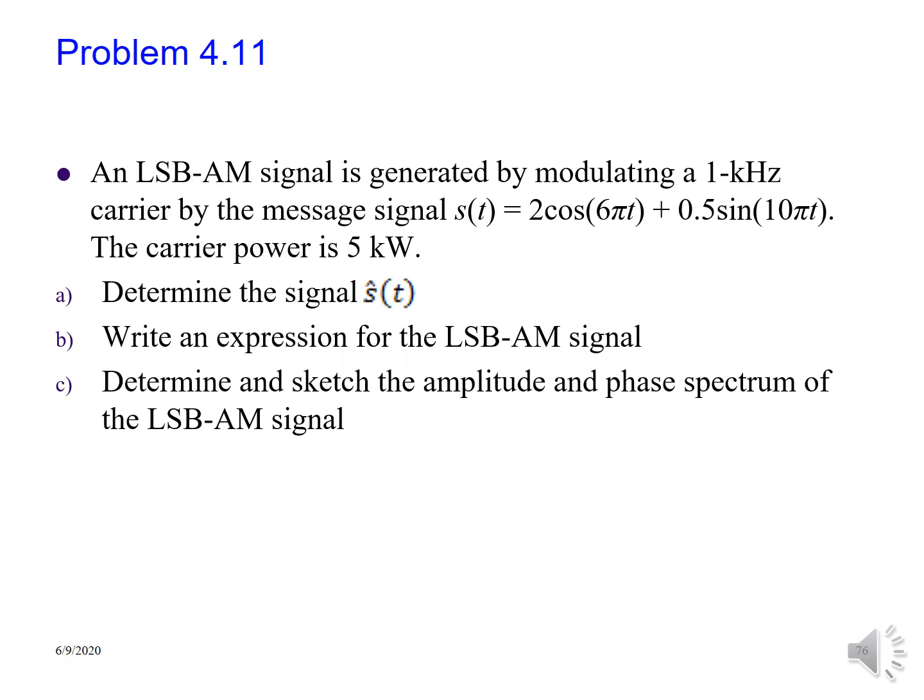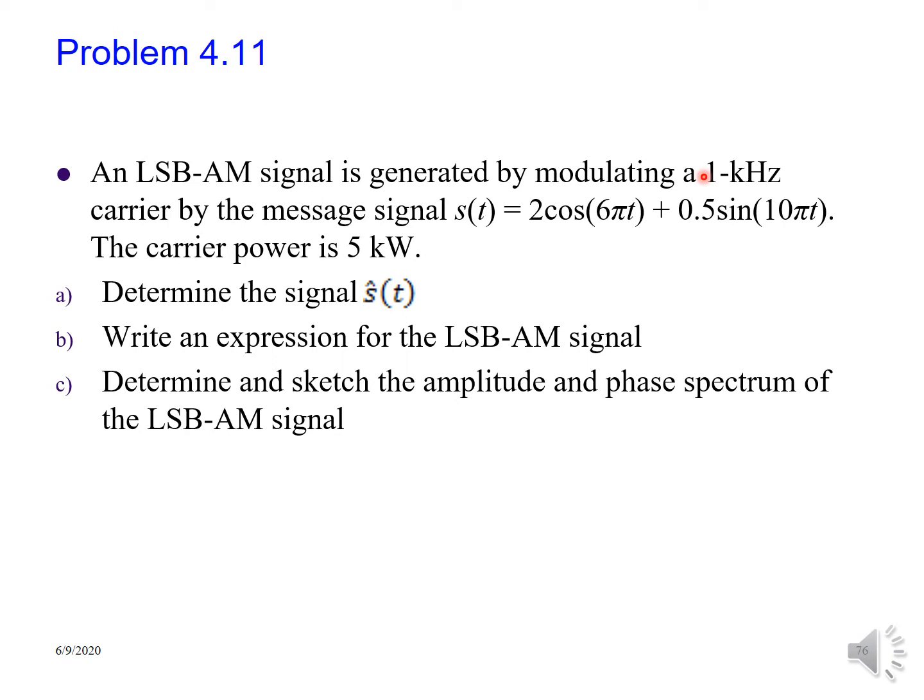I think I also explained how to find the AC given the carrier power. Power is equivalent to AC squared divided by 2, so we can get the AC. Then this is FC, so you can generate the carrier, which is AC cos 2 pi FCT.